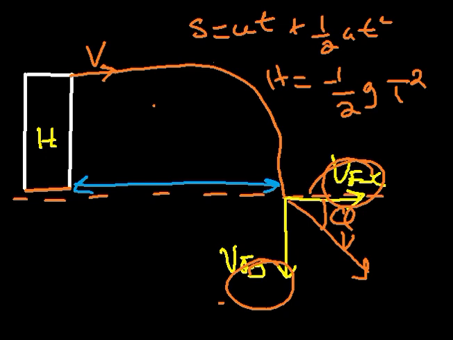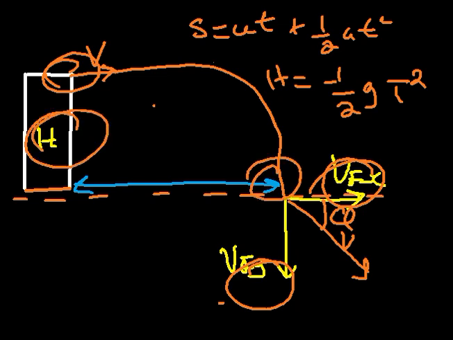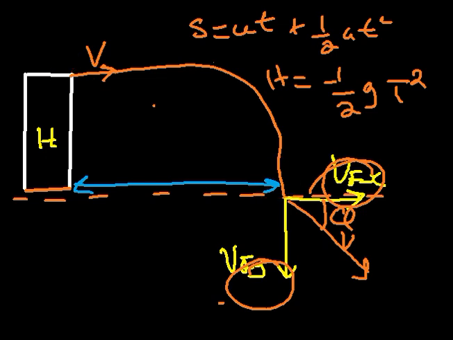The object moves from the top here down to the ground level, so the displacement is negative. No wonder the height is given as negative, because it is the same as the displacement the object has as it moves from this point to this point. So that's how the actual height will be calculated.